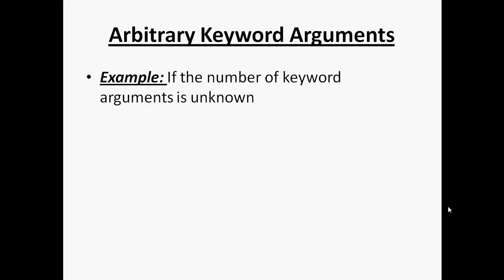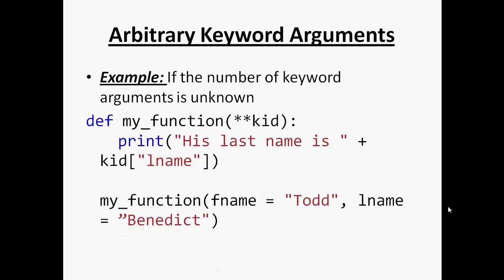If the number of keyword arguments is unknown, this is the example, and here is the definition of my function. I have put 2 asterisks before this parameter kid inside my function, and in the print statement I am trying to print the kid's last name.